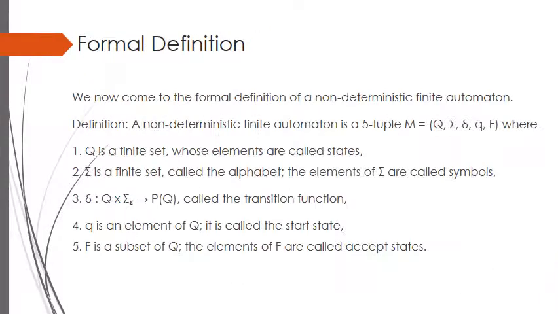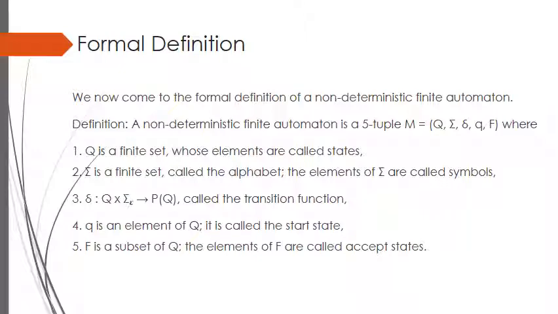We now come to the formal definition of a non-deterministic finite automaton. Definition. A non-deterministic finite automaton is a 5-tuple M equals (Q, Σ, δ, q, F), where Q is a finite set whose elements are called states.